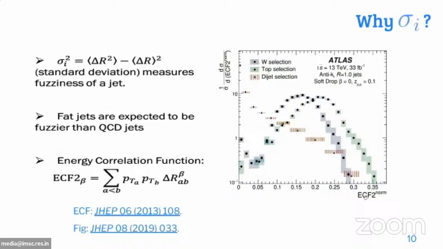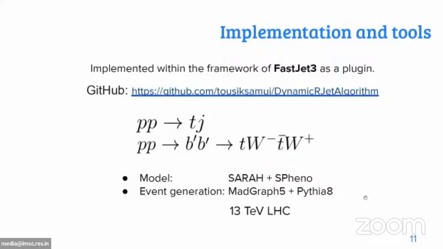This is actually from an observation from ATLAS. So this already tells that if you use that parameter, it could be useful in dynamicizing the radius of the jet. Okay. Having said that, let me show some examples where we could see potential use of our method, or of our development.